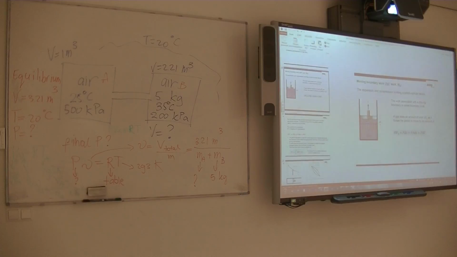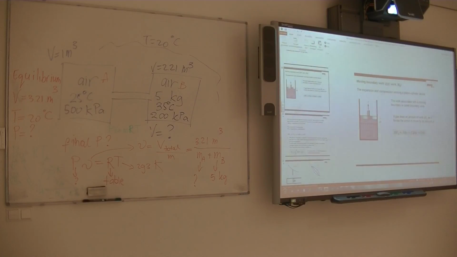Now, we are going to focus on boundary work, moving boundary work, gases expanding and contracting. The work associated with a moving boundary is called boundary work, which is force times the dx, the distance over which the piston or the system boundary is moved. And this is the change in volume. The surface area of the piston remains the same.